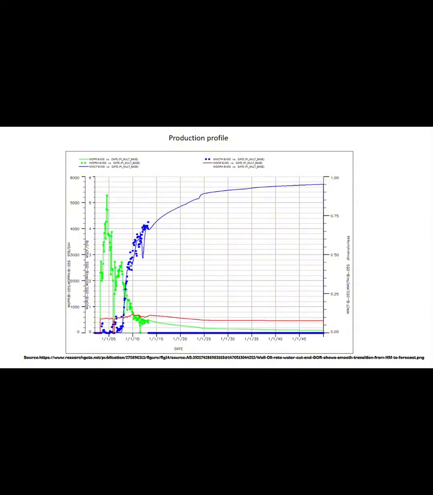Oil production rate is just the amount of oil you've produced. GOR means gas oil ratio. Produced GOR in this case means the ratio of produced gas to oil: produced gas over produced oil gives the GOR.